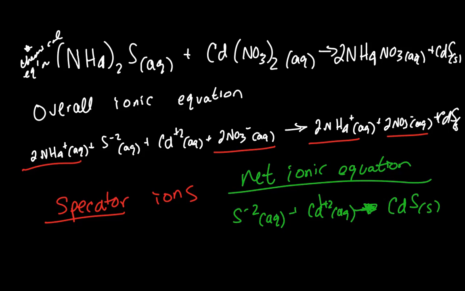That's it. It would not include the spectator ions. So there's a difference between the overall ionic equation where you see everything, including the spectator ions, and then taking out the spectator ions, you write the net ionic equation. Okay, that's all I'm going to do.